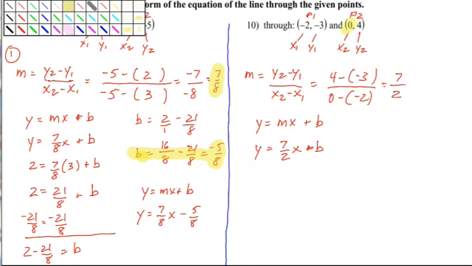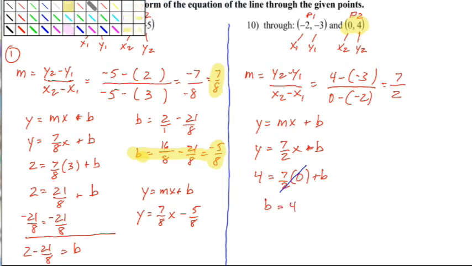I've got a 0 for an x, and anytime we see a 0, we want to use that because it simplifies the whole process. So I'm going to plug 4 in for my y, 7/2 times 0 plus b. But 0 times anything is 0, so this goes away, and I'm left with b is equal to 4.